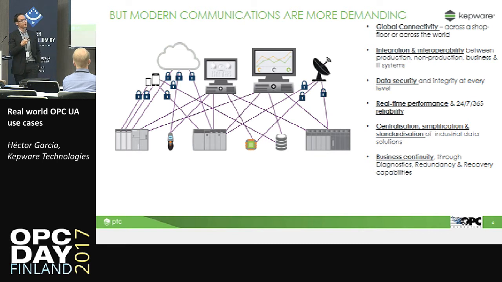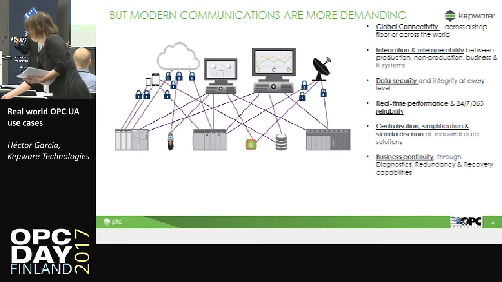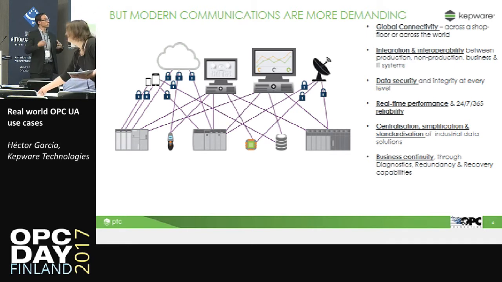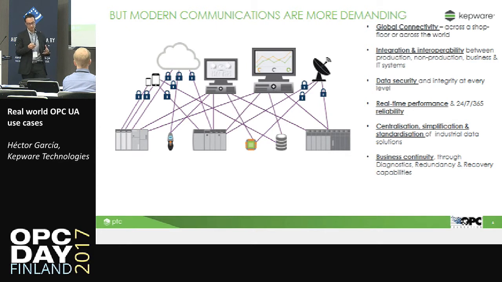So this is where our communications platform may help, because our proposal is to use this communications platform to act as a concentrator, to add some security, add some reliability and availability for all the clients, and for each of the clients serving the data in the way they are expecting. Most of them will be OPC UA, but not only OPC UA. Okay.